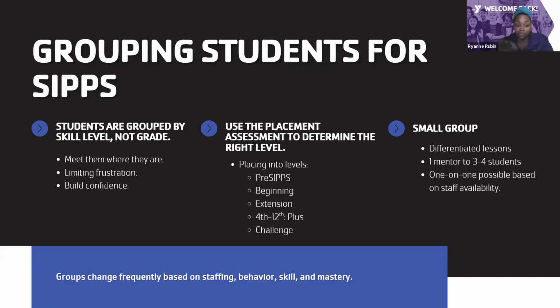Staff and mentors, so like volunteers. So try to balance that out with recruiting and whatever your staff model is for your Y. And then one-on-one is a possibility. Again, that's based on your staff availability. So if you do have the opportunity to provide that to students who need it, feel free.